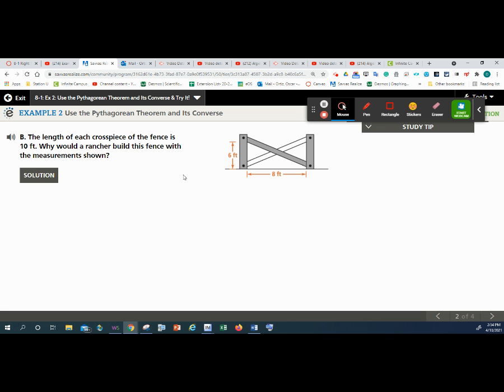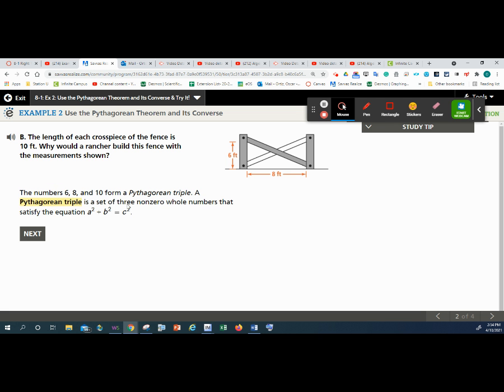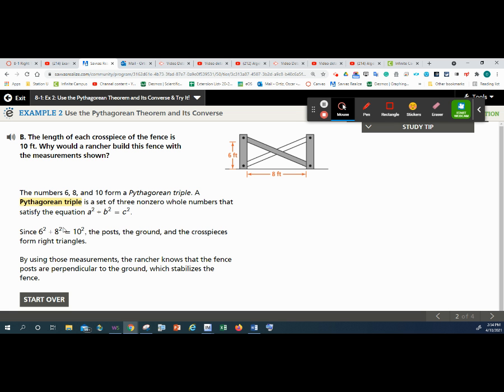Well, if we think about it, those three numbers, 6, 8, and 10, form what is called a Pythagorean triple, and that is basically three positive integers in the relation a squared plus b squared equals c squared. So if we raise 6 to the second power plus 8 to the second power, we get 10 to the second power.